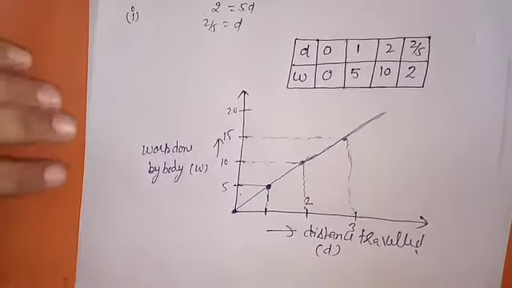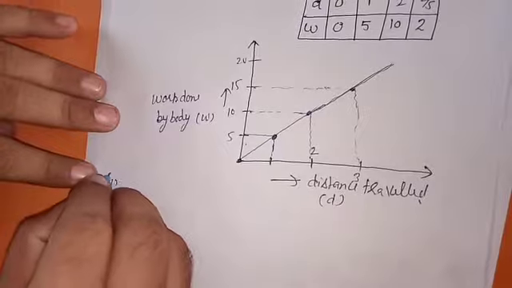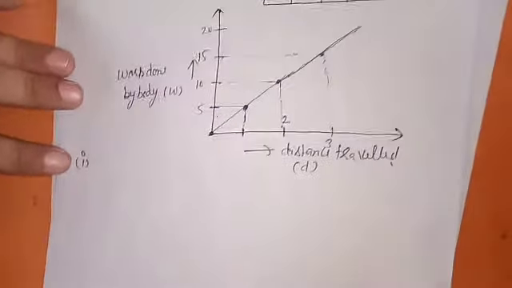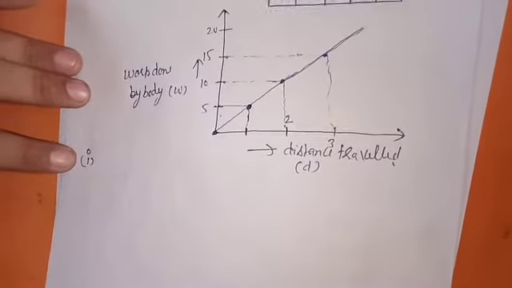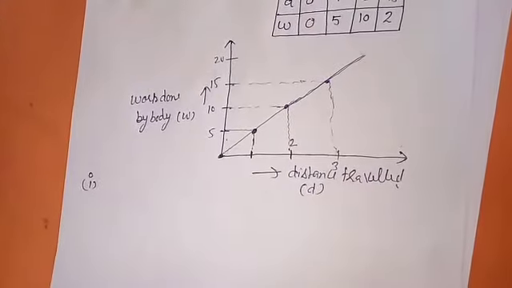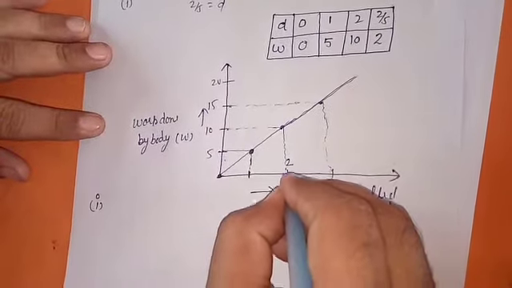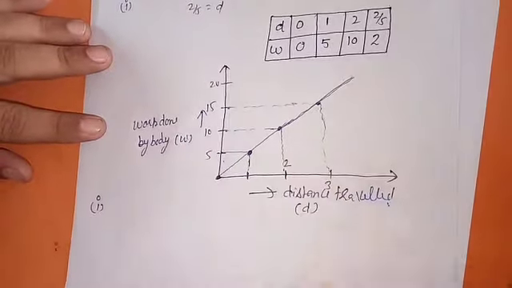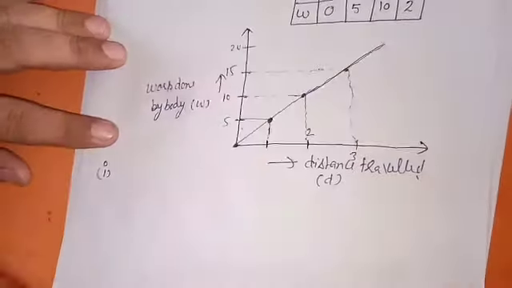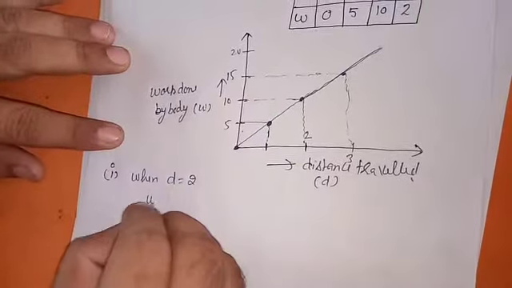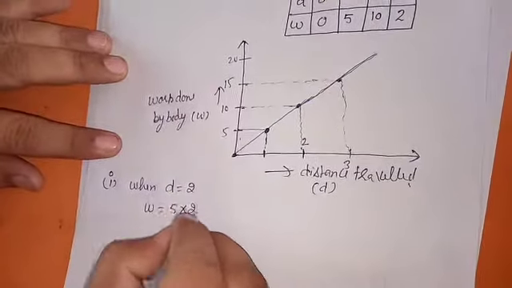And in your given first part, the work done by the body when the distance traveled by the body is 2 units. So where is 2 units here? This. So work done by the body is how much? When D equals 2, W equals 5 into 2, 10.